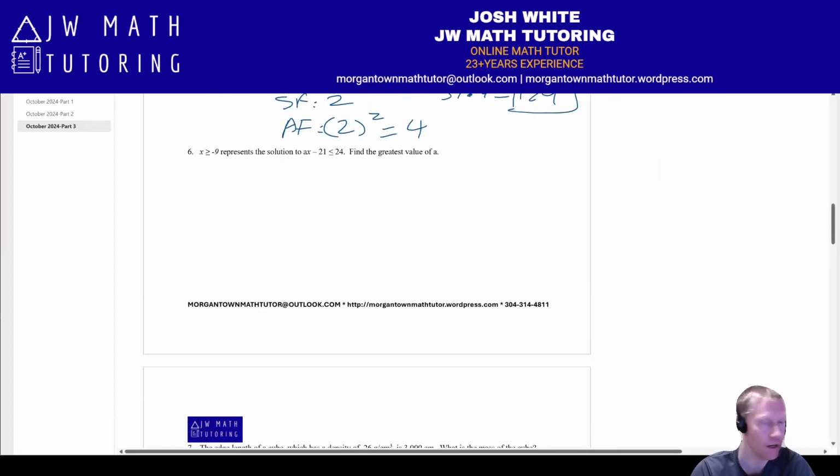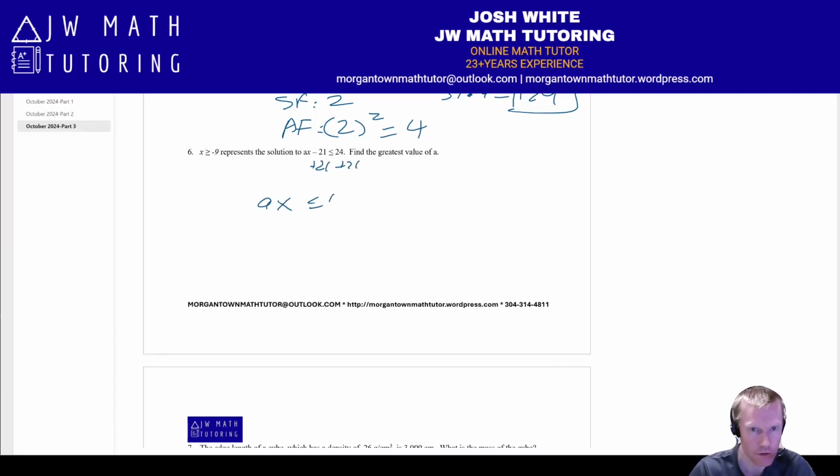Let's look at number 6 next. You're given an inequality and told this represents the solution to ax minus 21 less than or equal to 24. Find the greatest value of a. Essentially, we're going to take this inequality and solve it: add 21 to both sides, ax less than or equal to 45, divide by a.